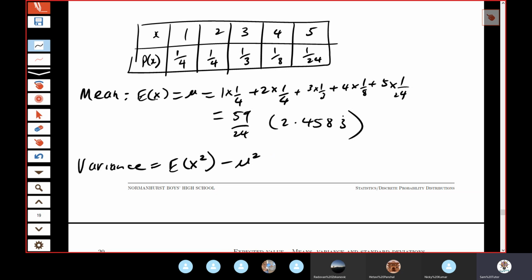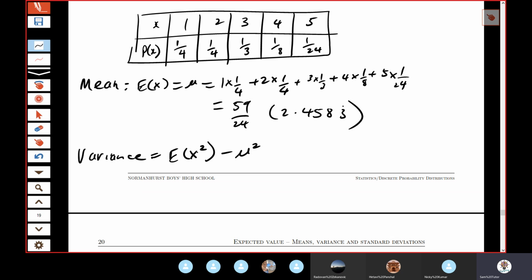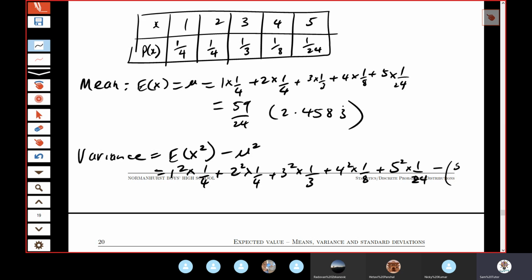E(x squared), like I said, if you understand E(x), which is the sum of x's multiplied by probabilities, then E(x squared) is 1 squared times probability, plus 2 squared times probability, plus 3 squared times probability, plus 4 squared times probability, plus 5 squared times probability, minus mu squared, minus (59/24) squared. That's it, which I'll work out while you guys see if you've got any questions.